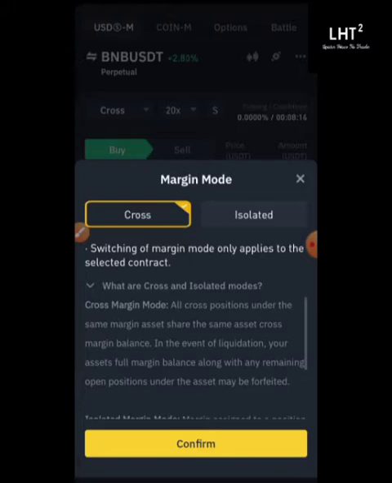And then if the trade eventually goes down to your liquidation price, you lose your $20 that you used for the futures trade, and you lose the remaining $30 in your futures wallet.